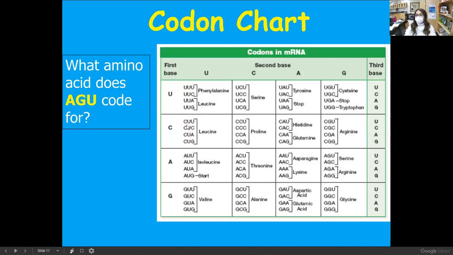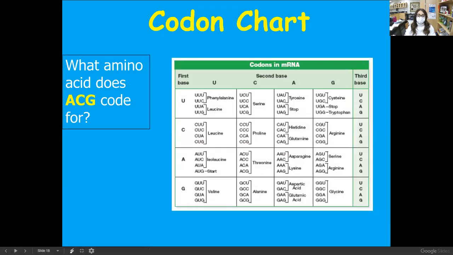So essentially, if we're using this in application, AGU, where they all meet is going to give you your amino acid. So here, AGU gives me serine. ACG is going to give me, I say threonine.